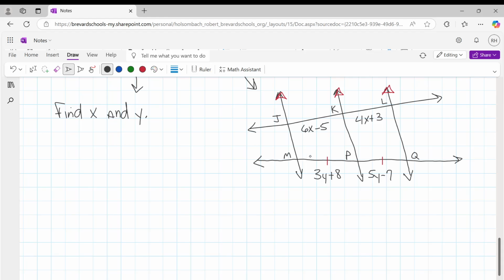now if MP is congruent to PQ, what do you know about JK and KL? They're congruent to each other as well. So in order to solve for x, we can say that 6x minus 5 is equal to 4x plus 3.